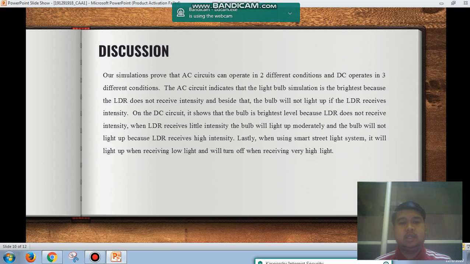On the DC circuit, it shows that the bulb is at its brightest level because the LDR does not receive intensity. When the LDR receives little intensity, the bulb will light up moderately, and the bulb will not light up because the LDR receives high intensity. Lastly, the smart street light system will light up when receiving low light and will turn off when receiving very high light.